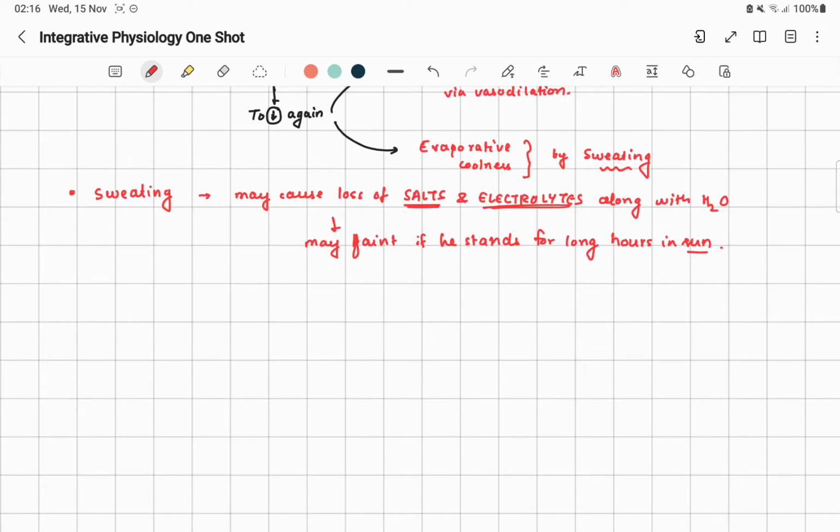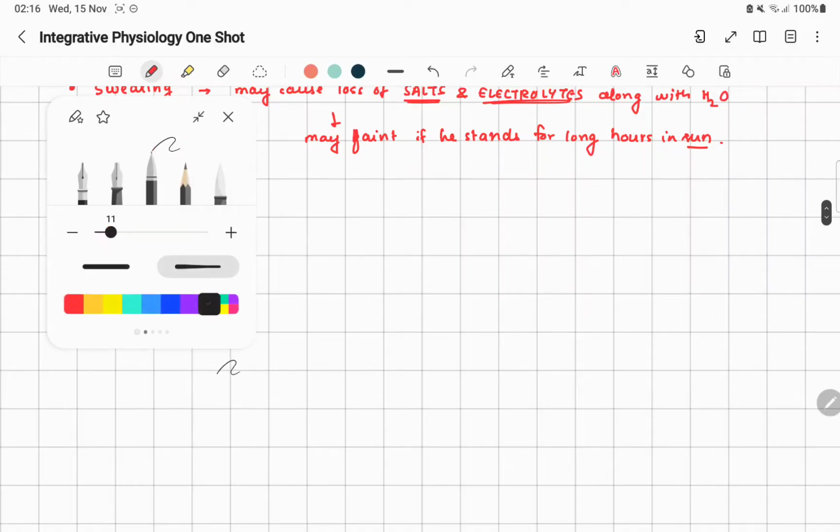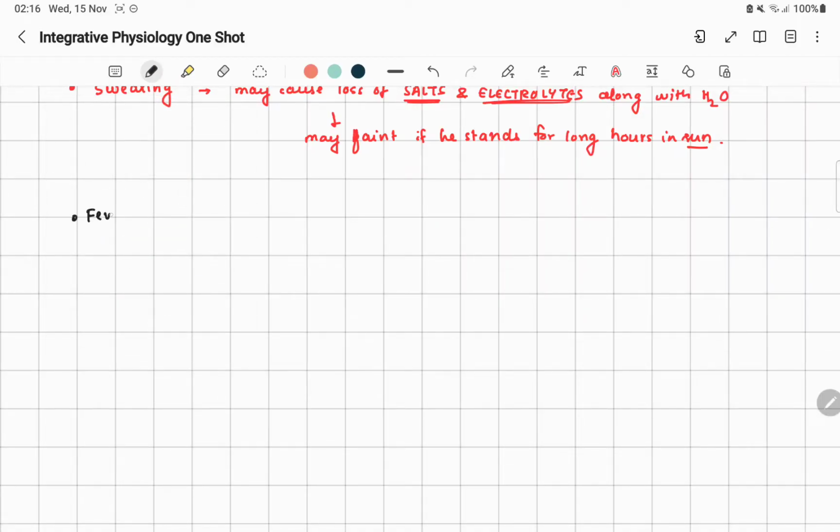Fever is also called pyrexia. Pyrexia means fever. Interleukin 1, IL-1, causes fever.